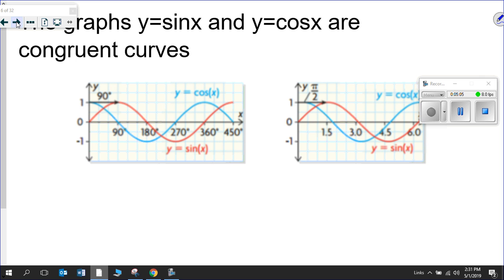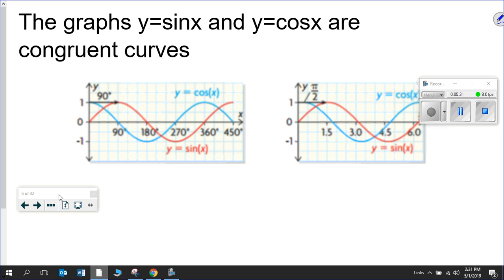Next thing you need to know is that when I say a sinusoidal function, it's either sine or cosine. The statement reads that the graphs of sine and cosine are congruent, which means they simply look the same. If you look, the red graphs are sine and the blue curves are cosine.